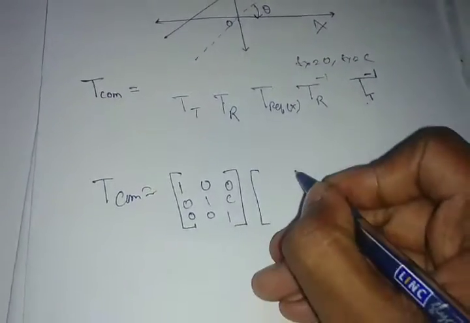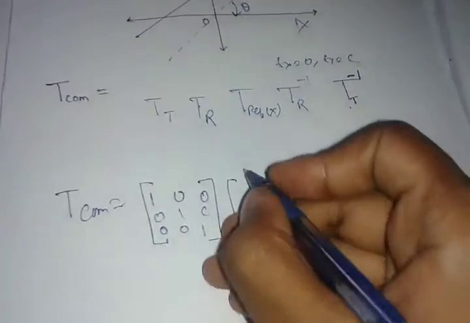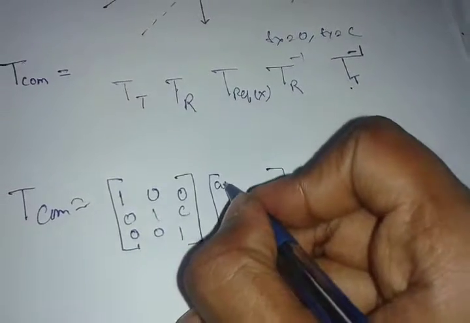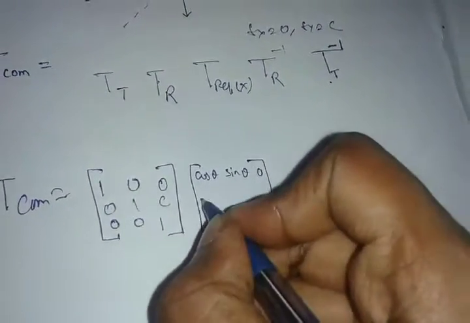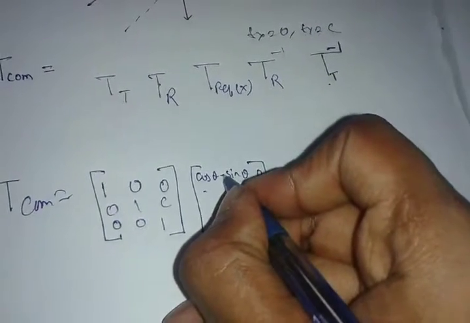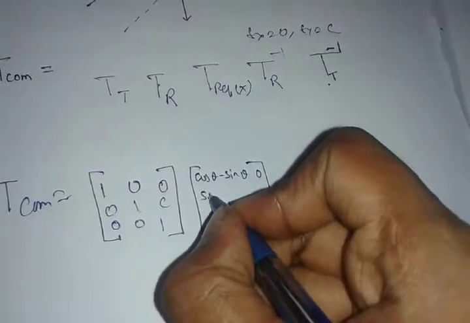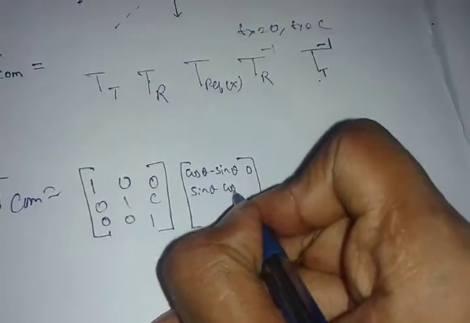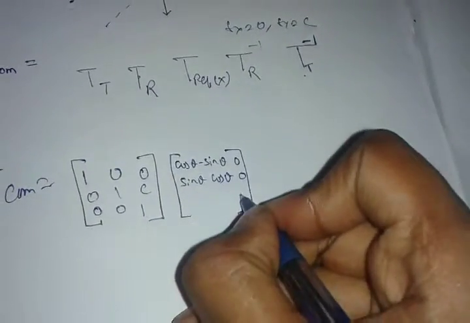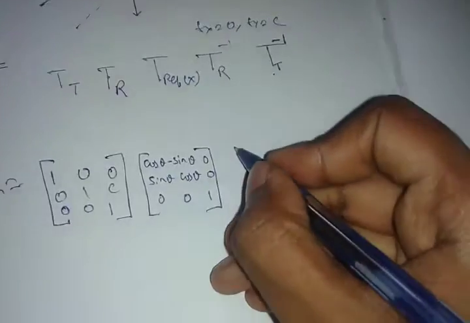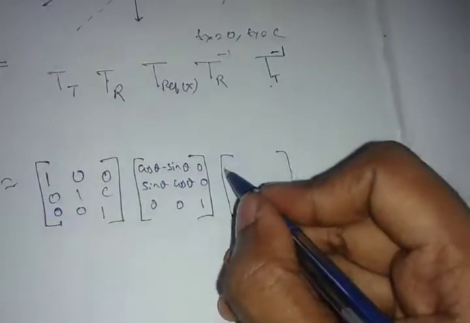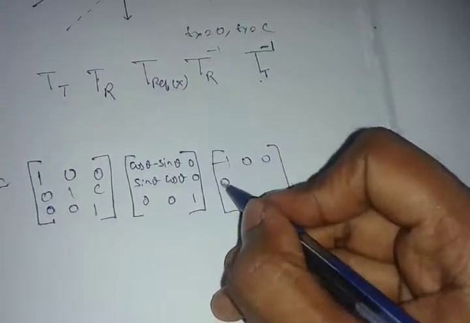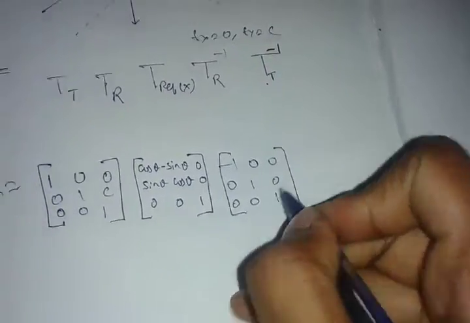And what is the rotation matrix? It is cos theta, sin theta, 0, sorry, here is minus, here sin theta, cos theta, 0, 0 0 1. Here reflection, you know the formula about x-axis: minus 1 0 0, 0 1 0, 0 0 1.